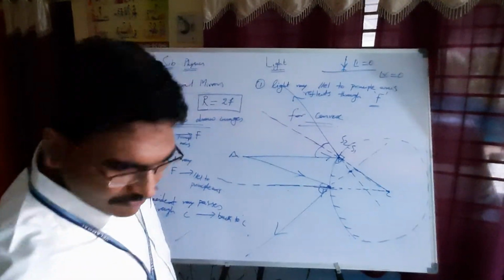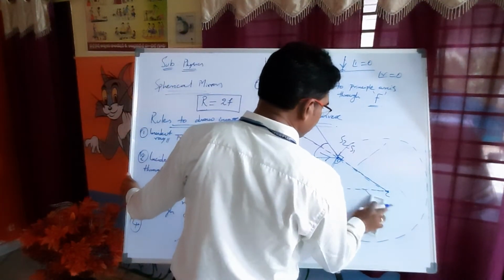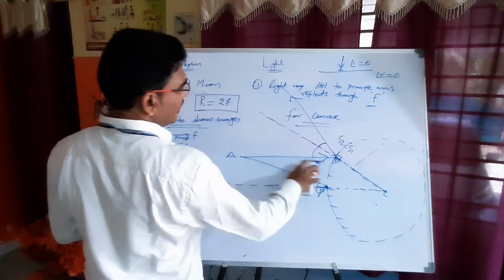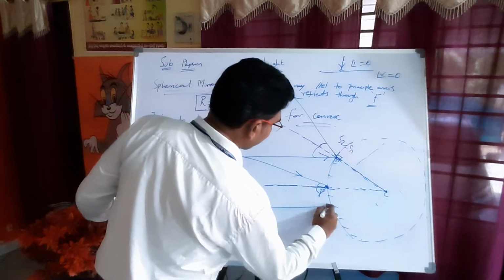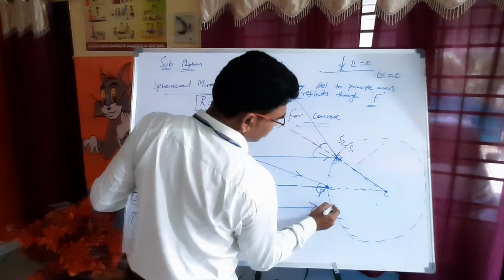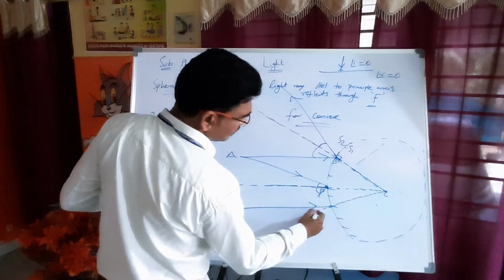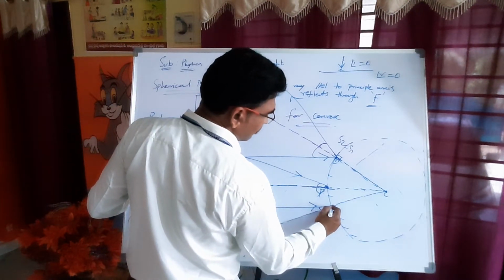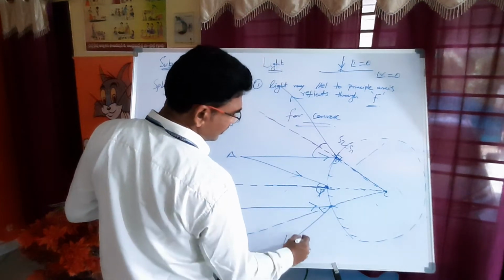One more point also. Like the ray AO, I will take another incident ray. This is the point of incidence. Then I will draw the normal. This is the angle of incidence, this is the angle of reflection, and this is the reflected ray.